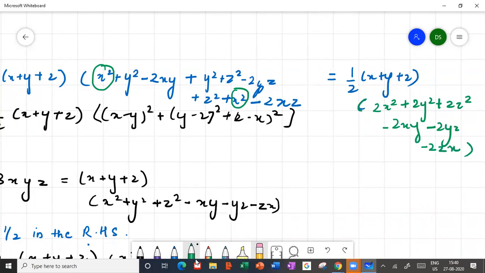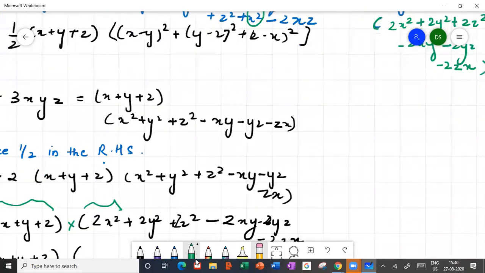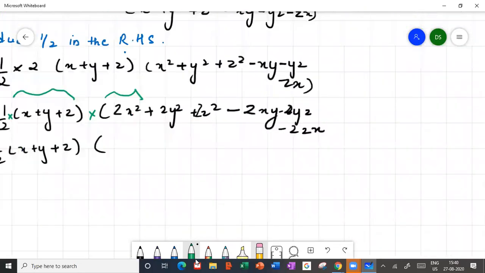Ringing any bells now? If you see this expansion, what I have written here is the same as this bracket here. Got it? No? Confusing?